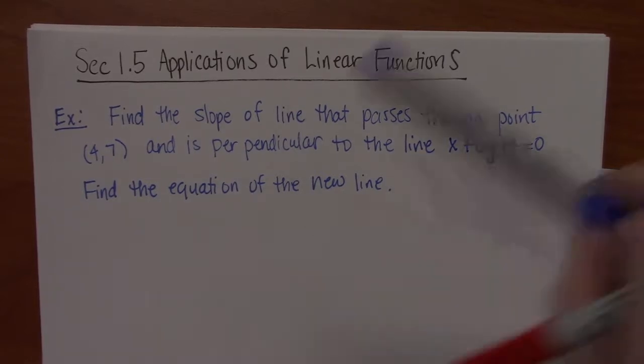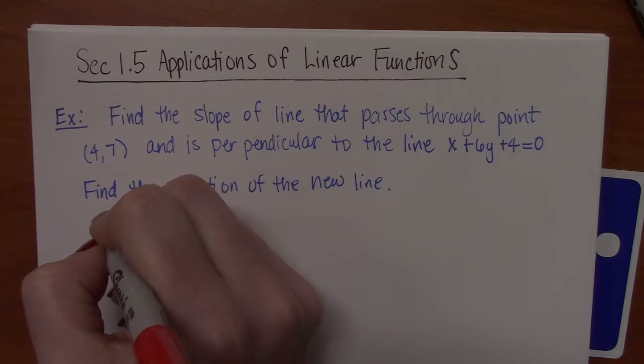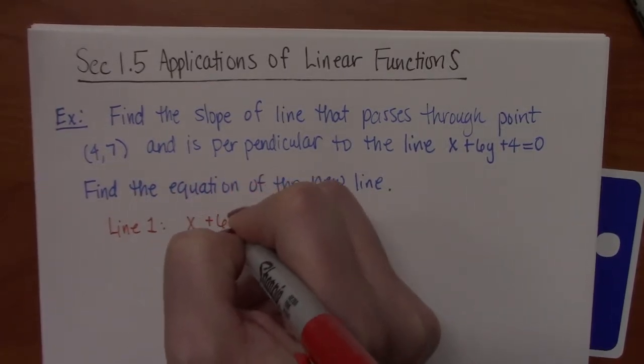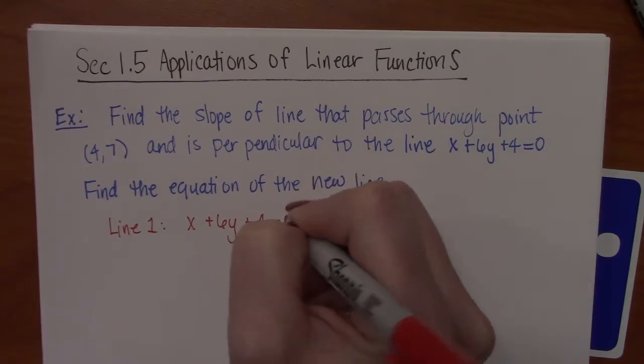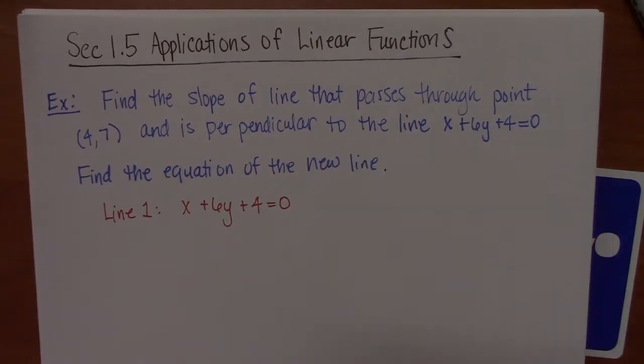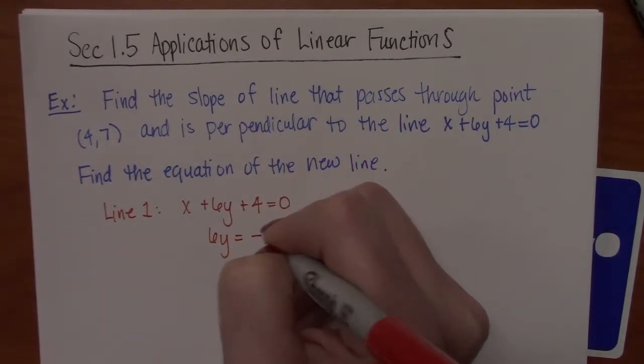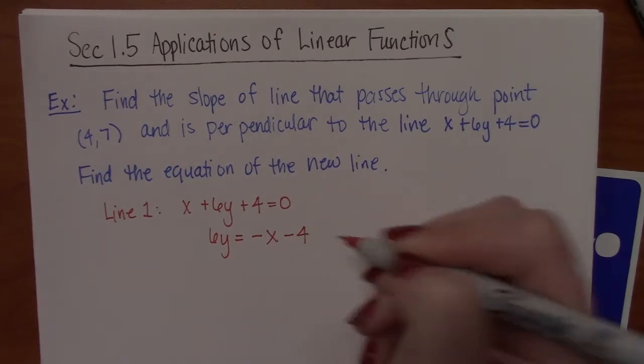So let's take the first line we were given and put it in y = mx + b form. We do that by solving for y. We're going to leave the 6y on the left and move the x and the 4 over.